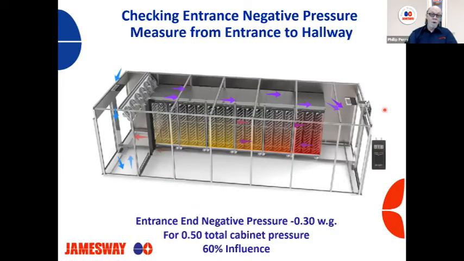When we're going to look now at the controlling influence of our machine, we always want it to be our entrance in, and we want it to be 60% of the value. And I'll show you how we do that.